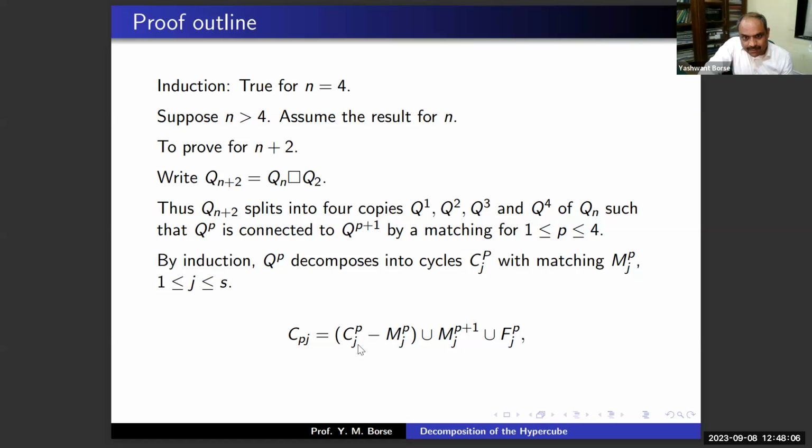So subtract the matching from that CjP and replace this matching of this cycle by the matching of the next cycle. This MjP plus 1 is the matching in the cycle CjP plus 1, and use these cross edges FjP, the edges between the copy Q1 and Q2 corresponding to the matching end vertices of this matching.